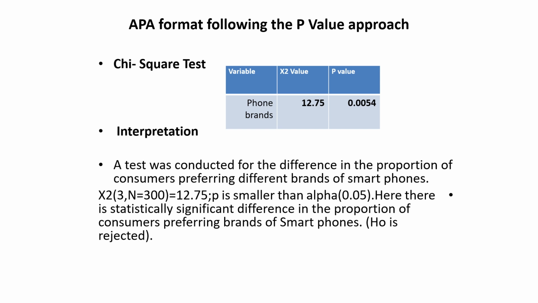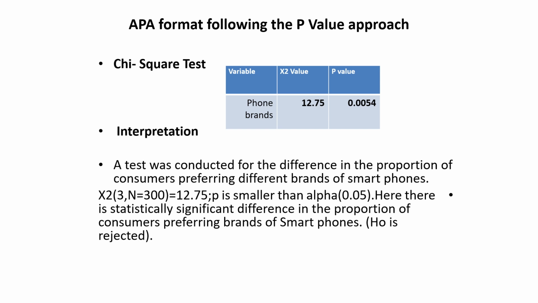Okay, interpretation. A test was conducted for the difference in the proportion of consumers preferring different brands of smartphones. X2, or the chi-square, the 3 here means there are 3 brands.